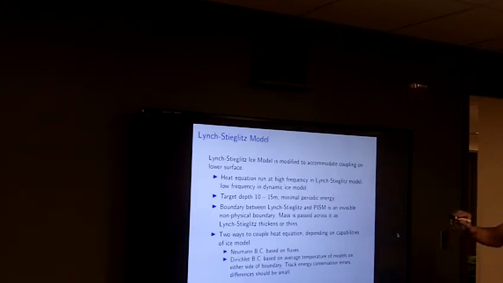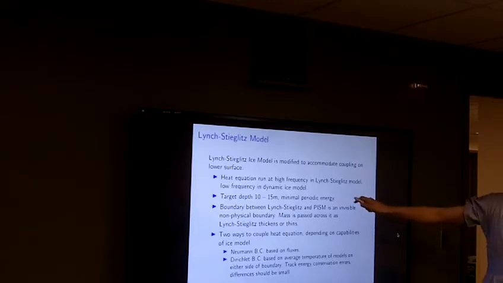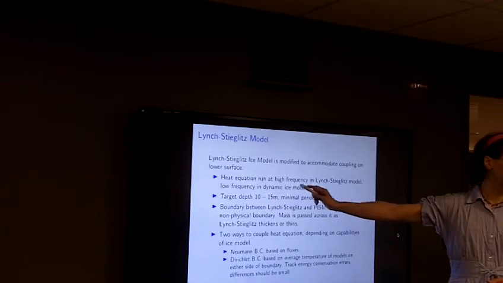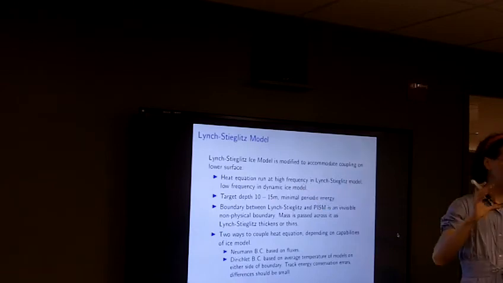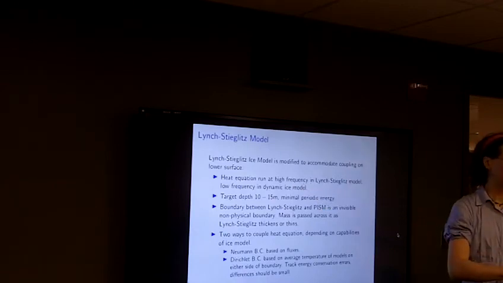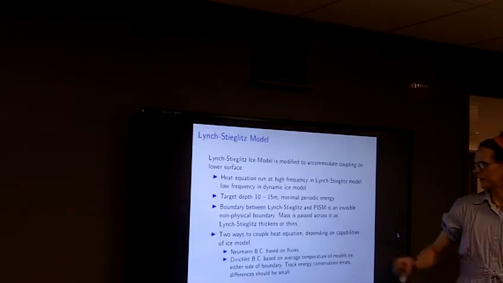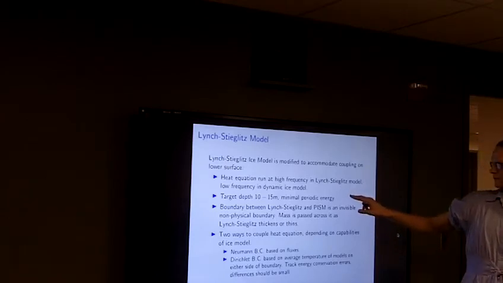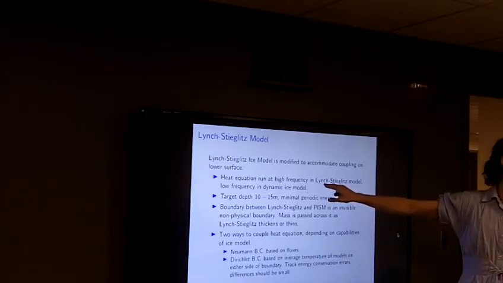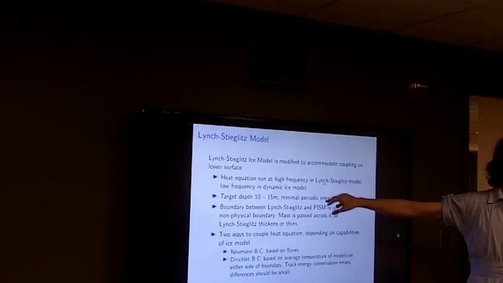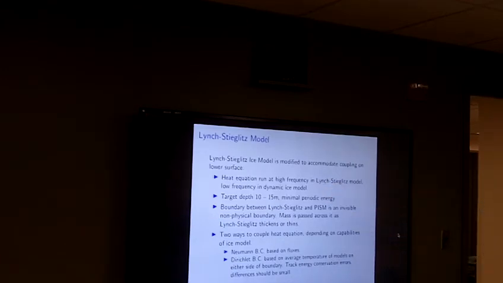And so what we're going to do, right, remember that picture that we run the top of the things at high frequency and down below at low frequency. So the heat equation is run at high frequency in the Lynch-Stieglitz model and low frequency down below.